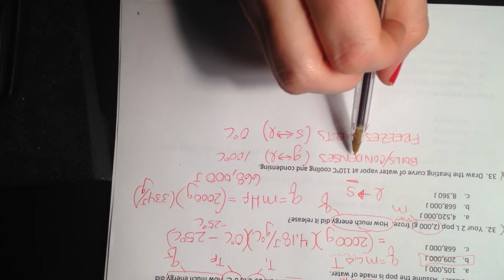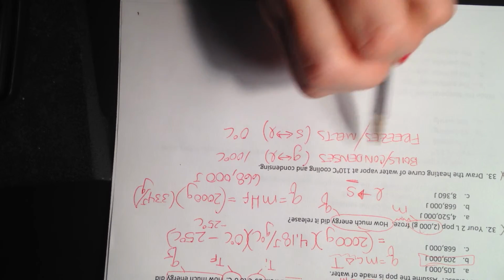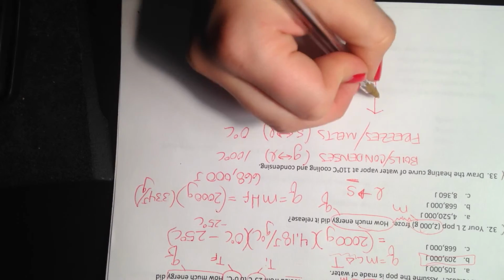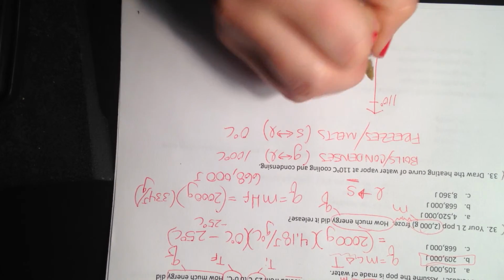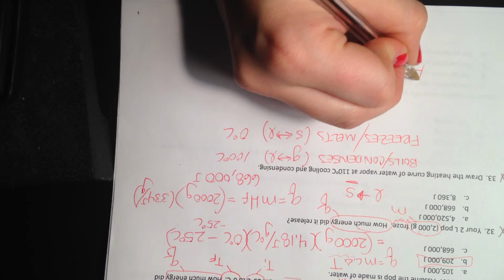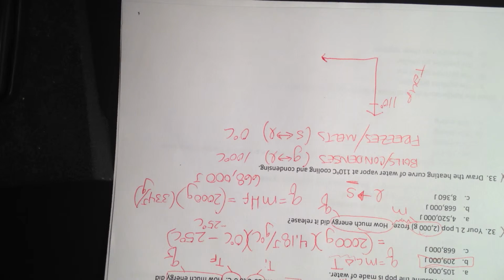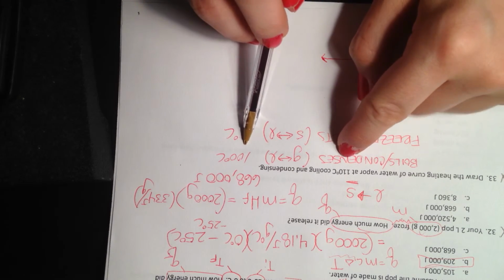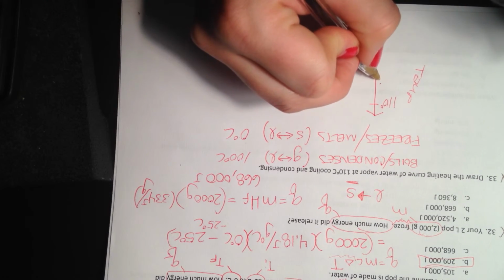So we're just having water vapor cooling and condensing. It's starting out at 110 degrees Celsius. Now, it's not going to condense right away. It has to first cool down to the temperature at which it condenses, which is 100 degrees.